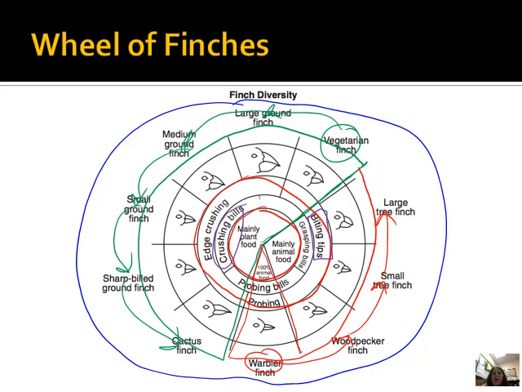So if I were to describe the vegetarian finch, I would say that it has biting tips and crushing bills. So that's how you interpret the wheel of finches.